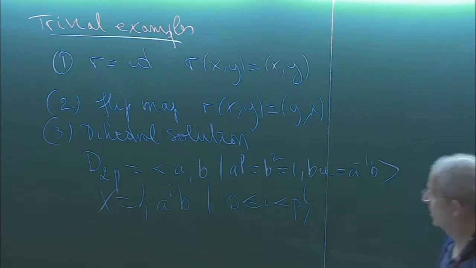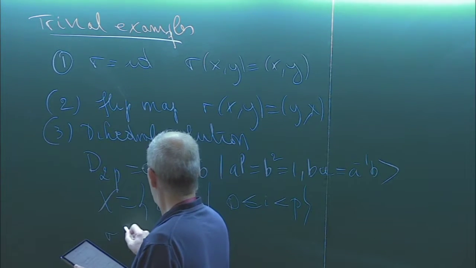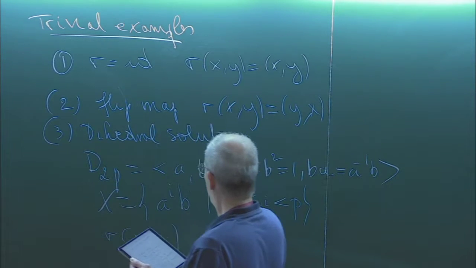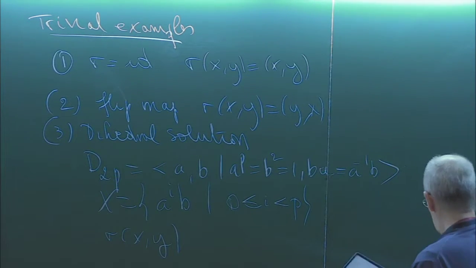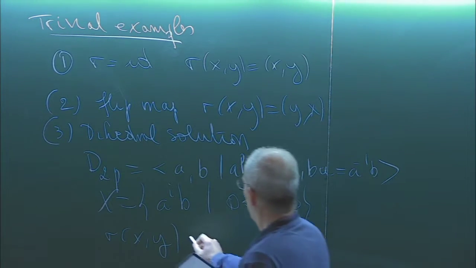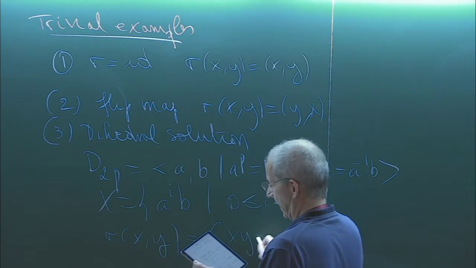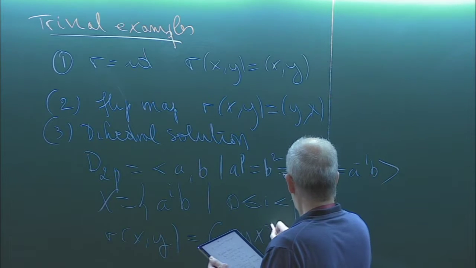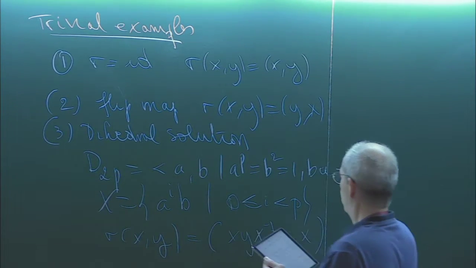And now you use conjugation as follows. If you take two elements x and y of this set, then you act via conjugation this way, and here you put x.